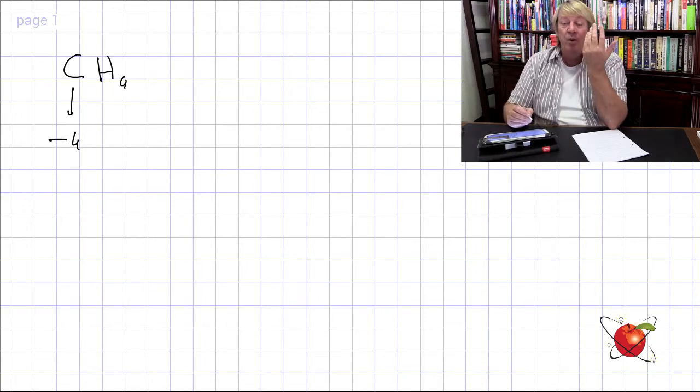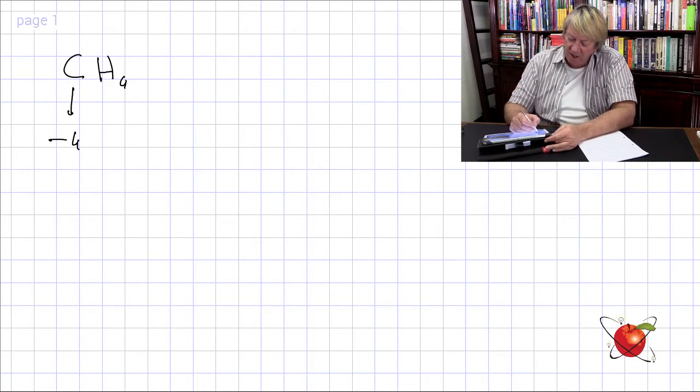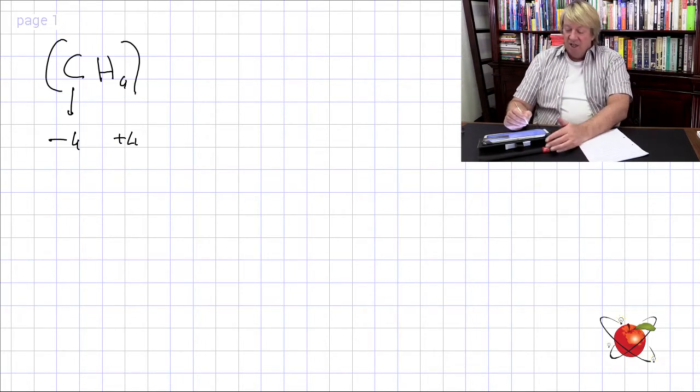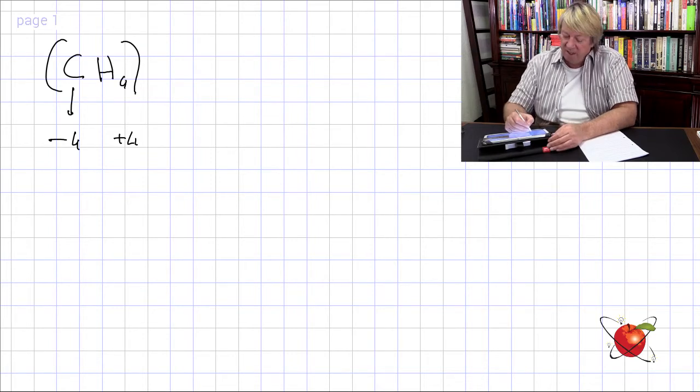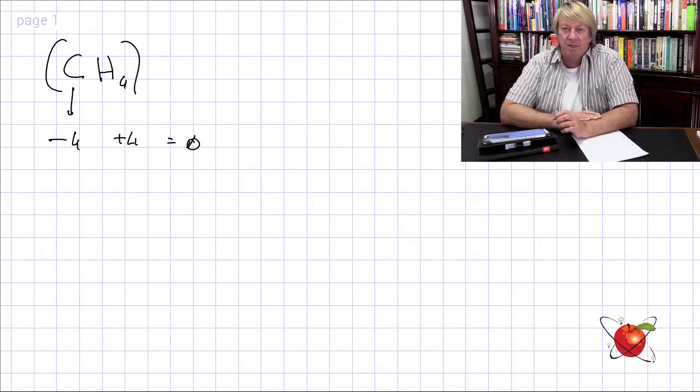Hydrogen, we know, is a +1. So what have we got? The hydrogen therefore has to equal +4. There's no charge around this, it's not an ion, so the sum total of those two must be equal to 0. So obviously the hydrogen must be a +1.